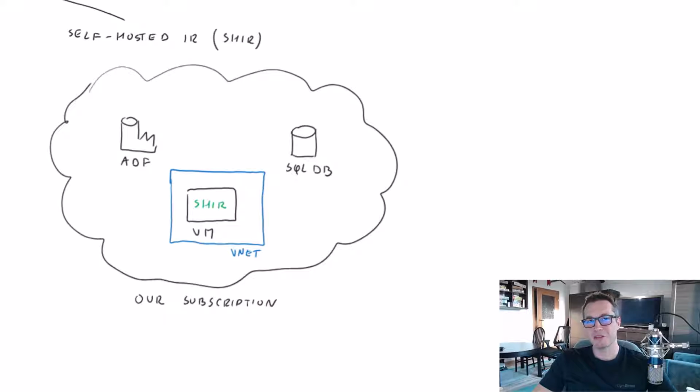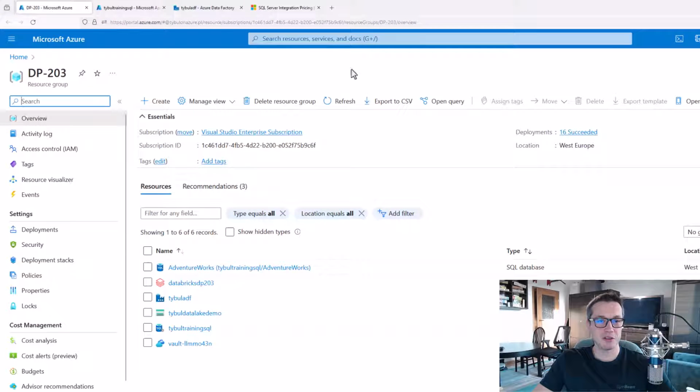And please compare it with the Azure integration runtime with managed VNet, where this stuff, creating the virtual machine and the network, was handled by Azure, by Microsoft. We didn't even have to think about how to create this. We just wanted to use it. Here, it is totally different. So let's jump into Azure portal and let's start creating those resources. I will start with virtual machine.